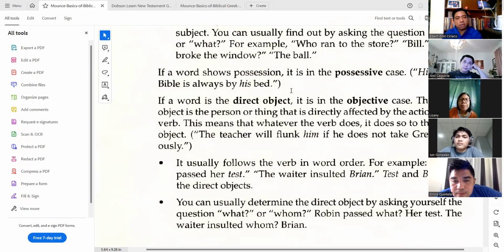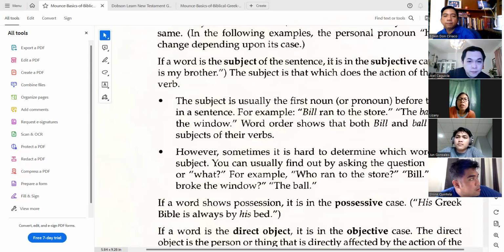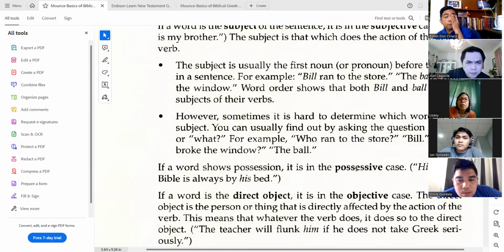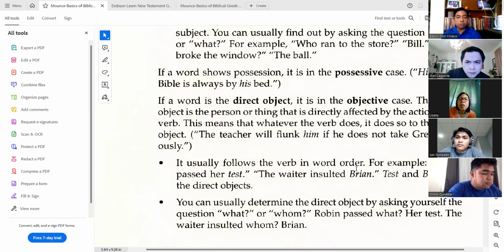Now we go to the possessive case. Like this example, his Greek Bible is always by his bed. If a word is the direct object, it is the object of the verb. It is in the objective case. Again, the first one is subjective. Subject for subjective case. Direct object for objective case. The direct object is the person or thing that is directly affected by the action.